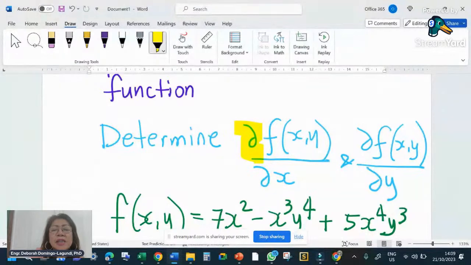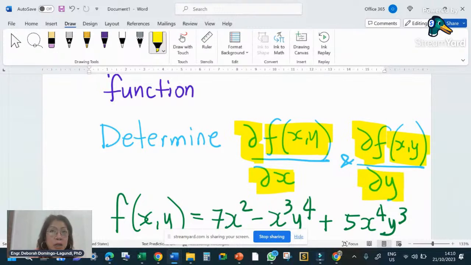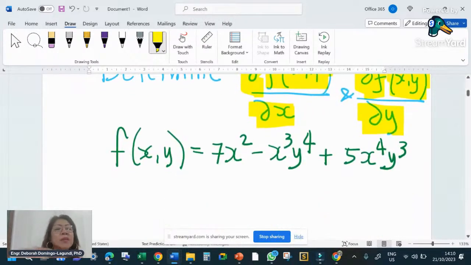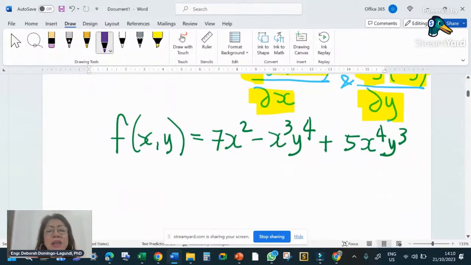And it says here the partial derivative of the function of x and y with respect to x, and the partial derivative of the function of x and y with respect to y. What does it mean? So I have here a function of x and y: 7x squared minus x cubed y to the fourth plus 5x to the fourth y cubed.